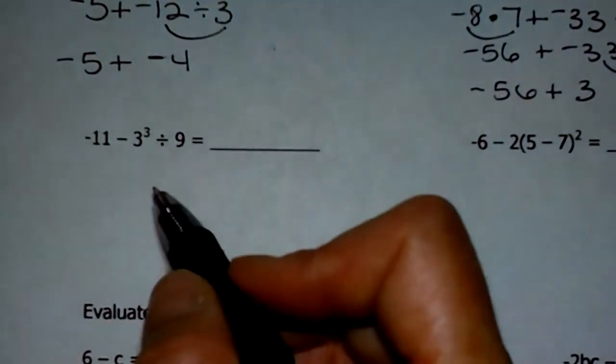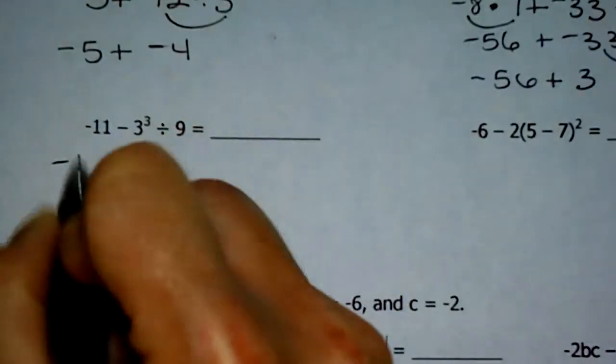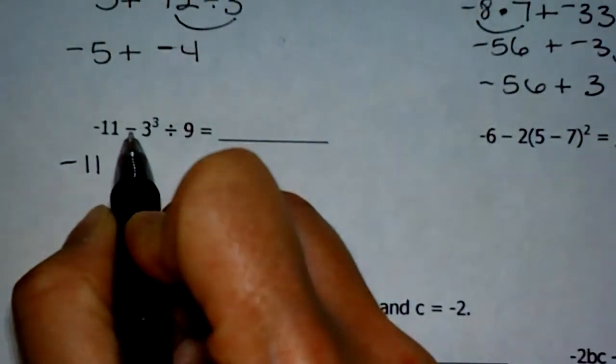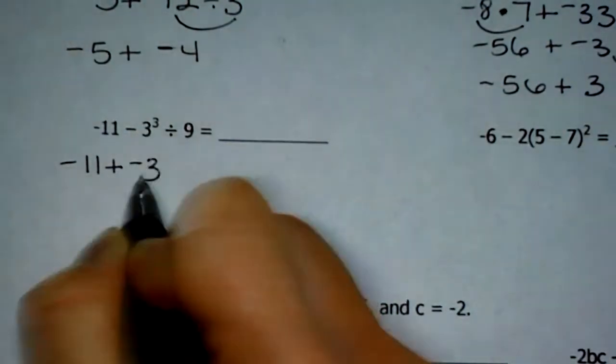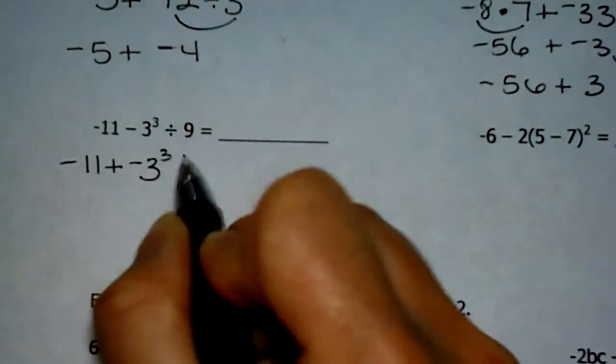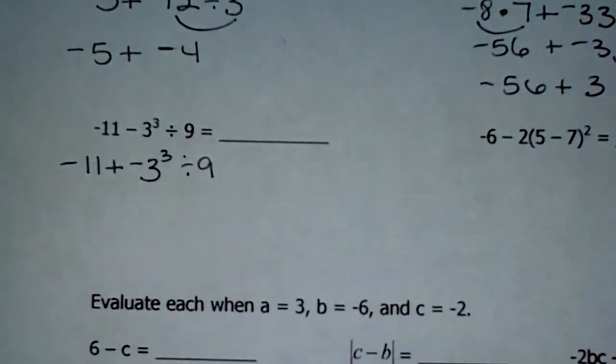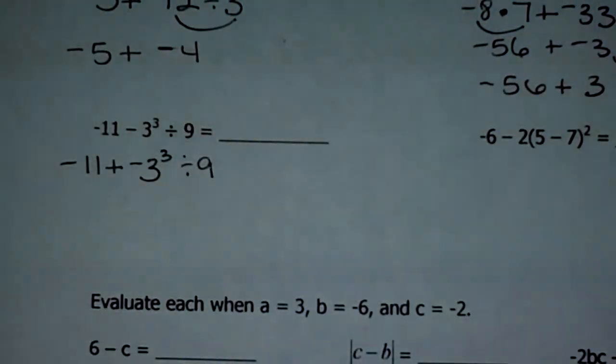All right, moving along. There's subtraction here, so I'm going to leave the -11 alone. Change the subtraction to addition. Change the sign of the digit that follows. And leave everything else alone. Okay? All right, now there aren't any parentheses, right?